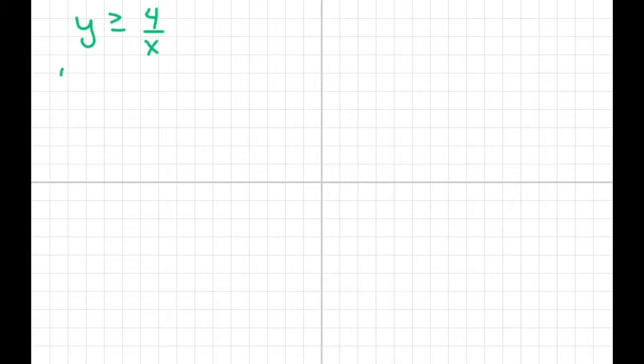Knowing that the parent function is y equals 1 over x, we know what that looks like. But the 4 makes it a stretch. So the easiest way to graph it is you take this 4 and you go to 1. If you plug in 1, it goes up 4.